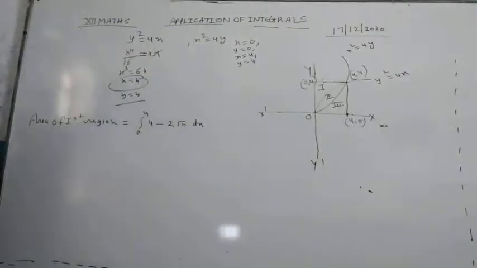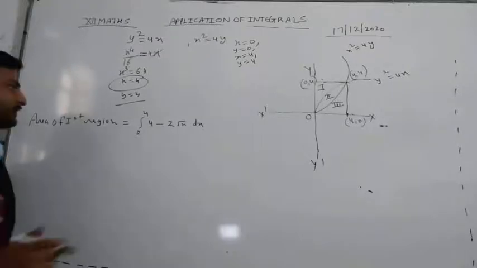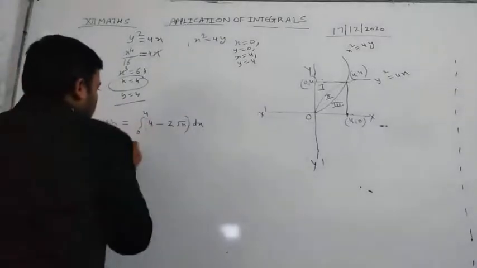Okay, 0 to 4, 4 minus 2 root x, dx. Now we will integrate this and get our result.